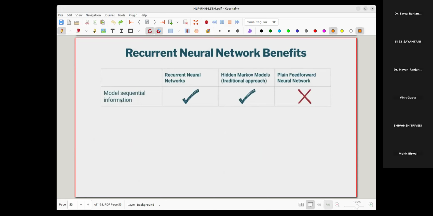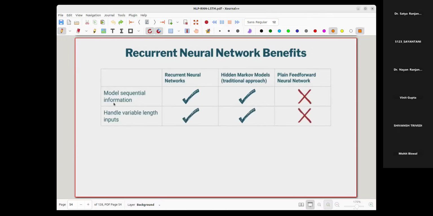So a neural network cannot model sequential information. As a whole, you give it some information and it can process. But sequentially, one after another, it cannot process, which can be done by the RNN, or recurrent neural network.